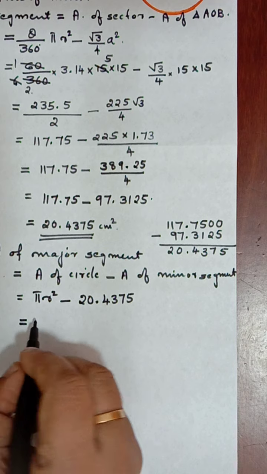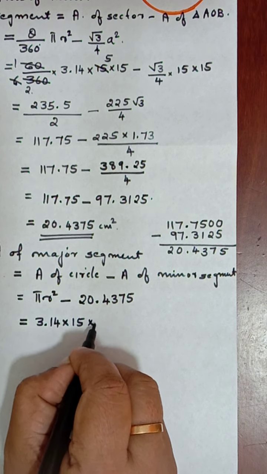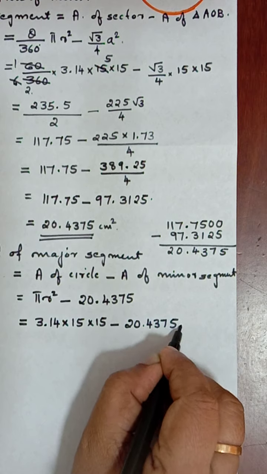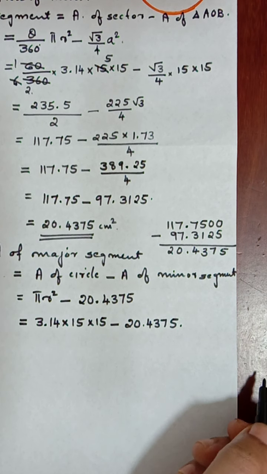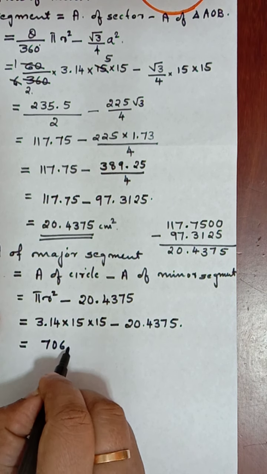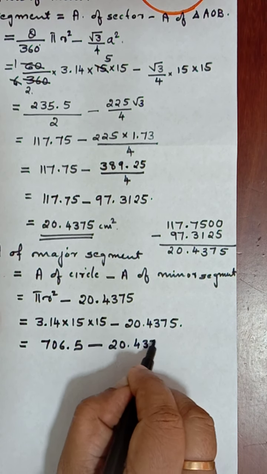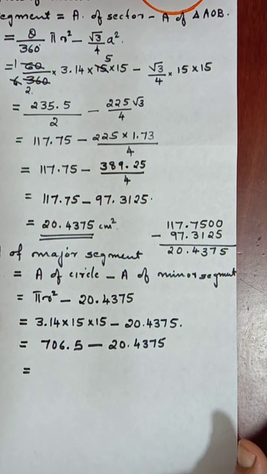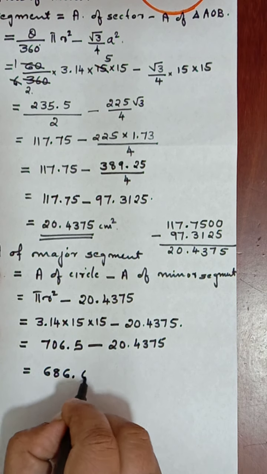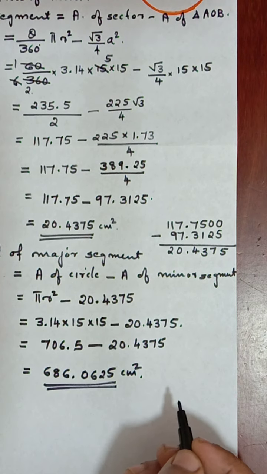As pi is given to us, we have to substitute it as 3.14 into radius 15 into 15 minus 20.4375. Okay. So 3.14 into 15 into 15, you do the multiplication, we get 706.5 minus 20.4375, which is equal to, do the subtraction, your answer will be 686.0625 cm square. Okay, this is the answer.